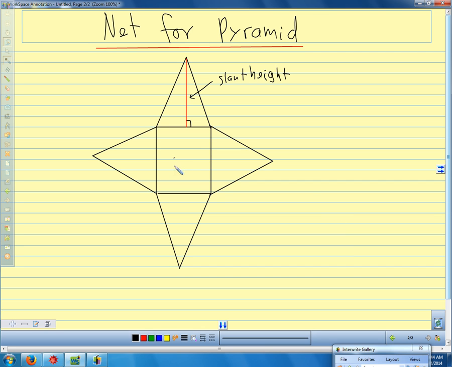And this is our base here. I'm going to call the length of the sides of the base S. And we call our slant height L, script L. So S for side.